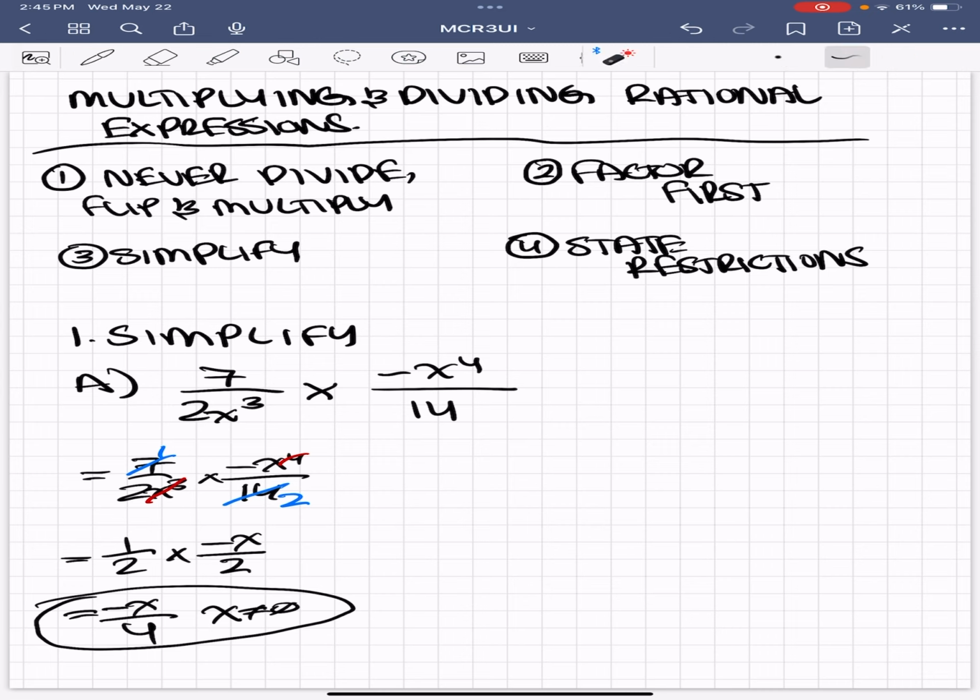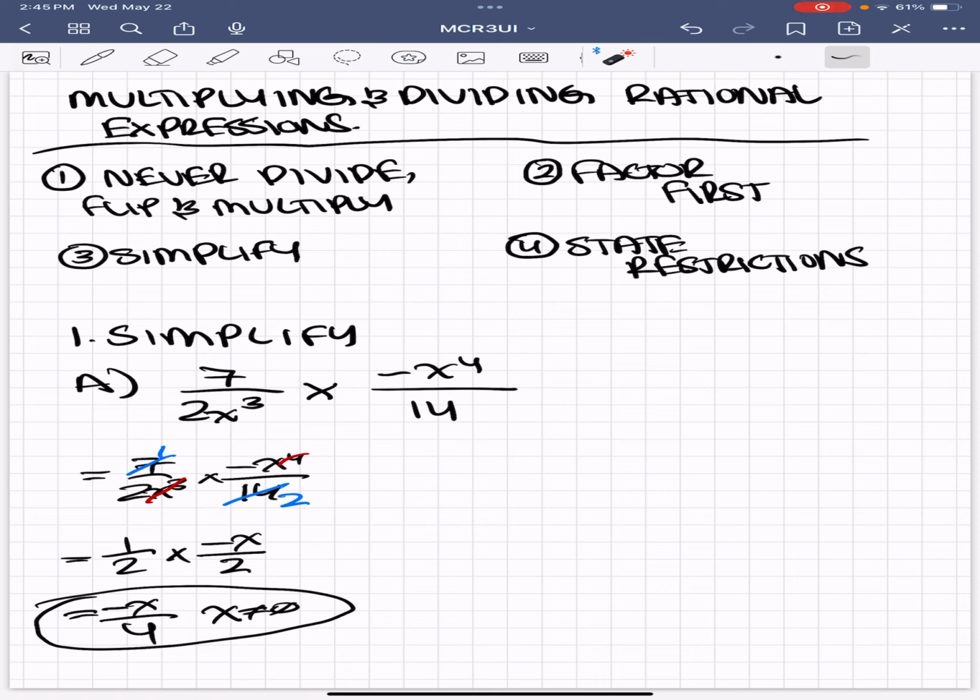If you didn't know what I did here, I crossed out 7, that becomes a 1. I crossed out 14, that becomes a 2, because 7 and 14 are divisible by 7. So it becomes a 1 and a 2.